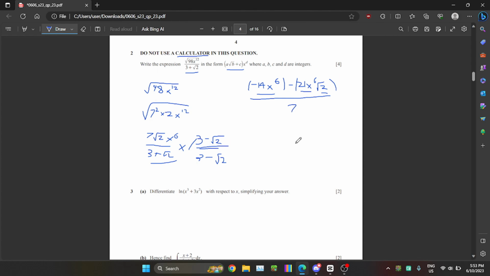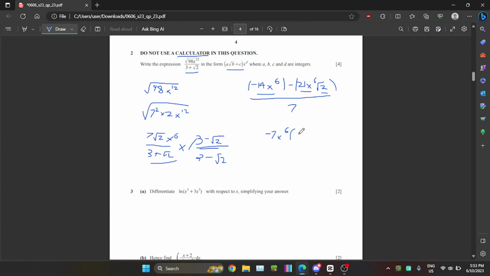Now let's ponder for a bit. It's important to look a bit. Yes, okay, I can tell. So if you look at the top here, I see a common thing between these 2, and that is both of them have a negative 7x to the power of 6. Yes, alright, I can pull that out. So negative 7x^6, I can take it out of the bracket.